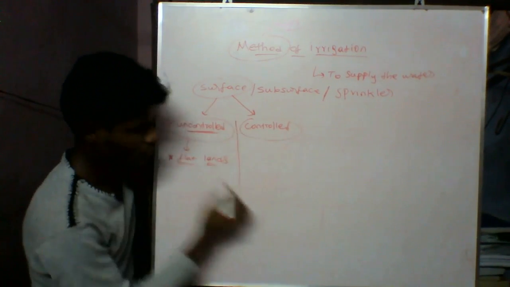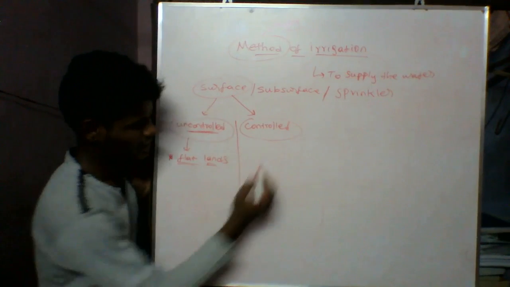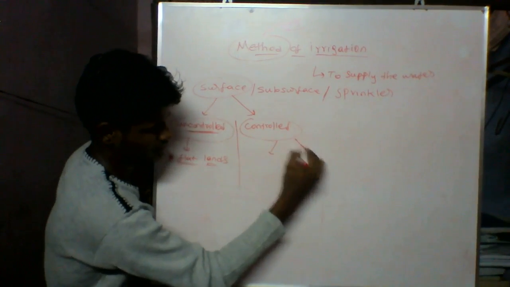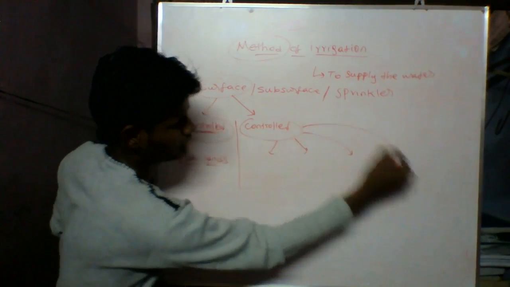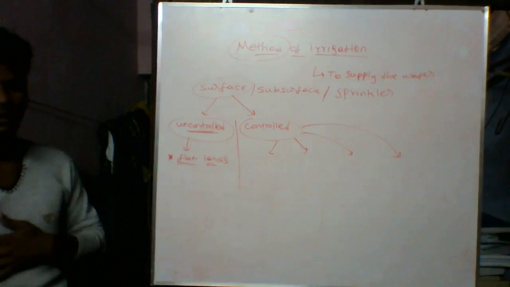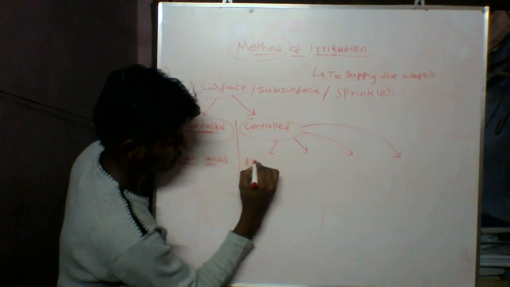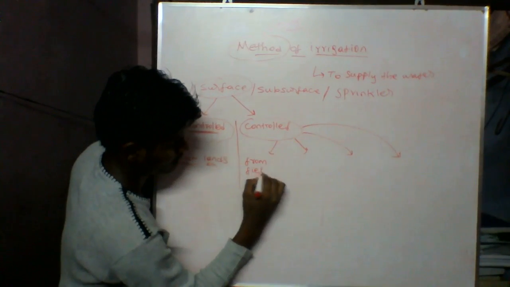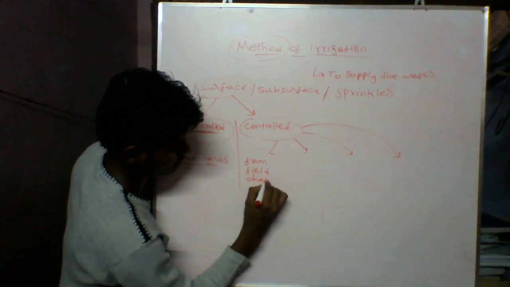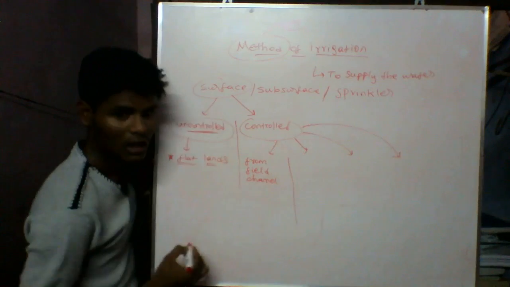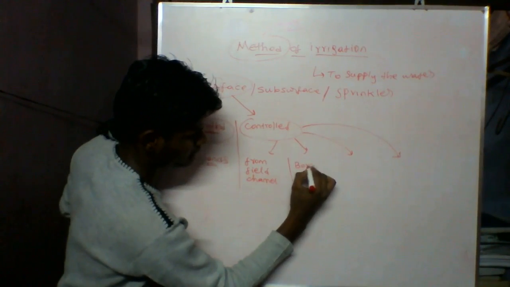In controlled, we control the water. This is divided into four categories. The water supply from field channel. Another one is the border strip method.